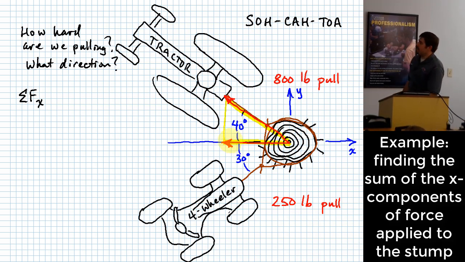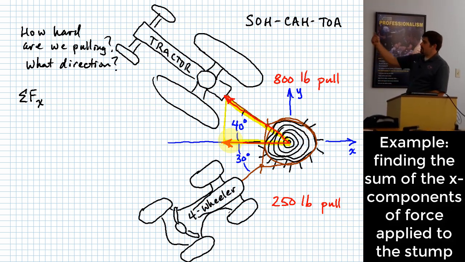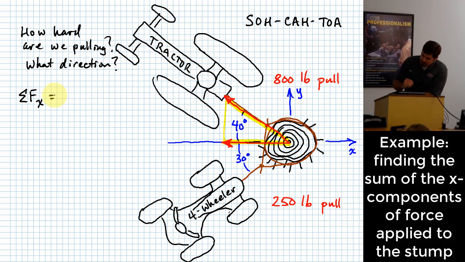And you're saying that the angle of 40 degrees is the adjacent angle to the component that we're looking for. Do you agree with that? Okay, so that tells us that the x component will be 800 pounds times the cosine of 40 degrees.